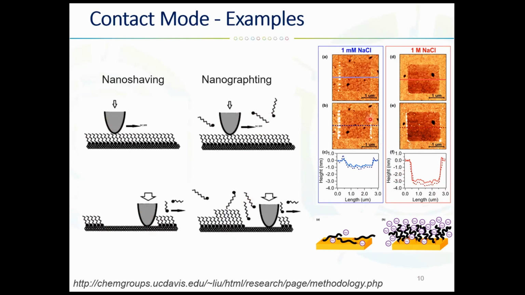And again, here they used a gold plate to do so. Here they used two different modes. We'll explain a bit later about each mode. So here you can see that the ionic strength is different. It's 1 millimolar sodium chloride and 1 molar sodium chloride.